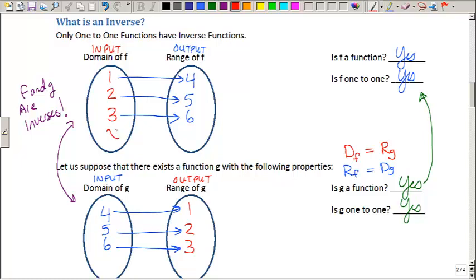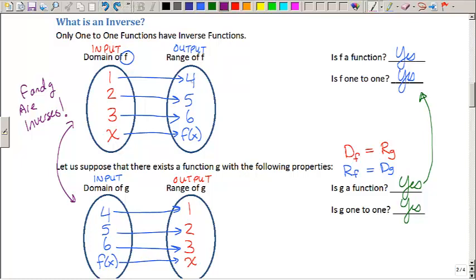What if I used a variable like x? Well, x would be mapped to, in this case, f of x. And the reason x maps to f of x is because that's the name of the function. So in the inverse, I know that f of x should be mapped to x.